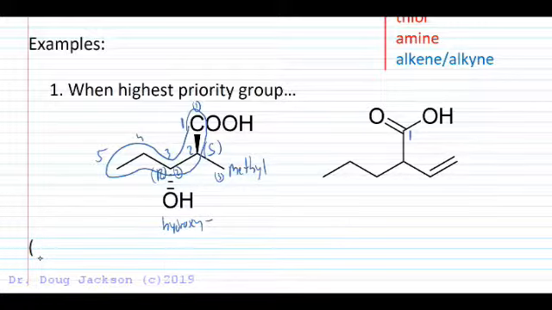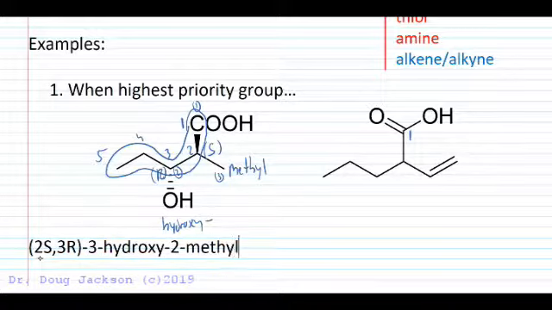So we have a 2S, 3R. Methyl and hydroxy: hydroxy is before methyl alphabetically, so it comes first. 3-hydroxy, and then a 2-methyl. How many carbons? 5 overall. Pentanoic, separate word, acid. Okay, so 2S,3R-3-hydroxy-2-methylpentanoic acid.